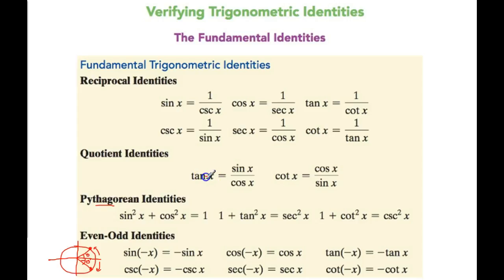So tangent of negative x would be sine of negative x over cosine of negative x. So sine of negative x is negative sine. So we stick that negative out in the front. Cosine of negative x is positive cosine. So we end up with negative divided by positive. So that's sine over cosine's tangent, and we end up with negative tangent x.